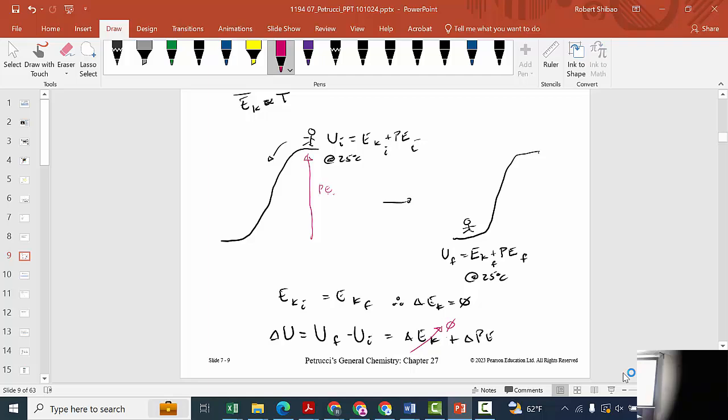PE initial, we have two choices. PE initial will just equal mgh, so it'll be the height here. So once this person hits the ground level, then what's their potential energy? It's 0.